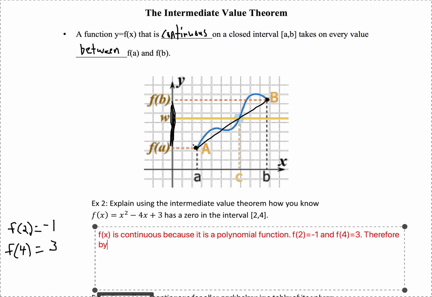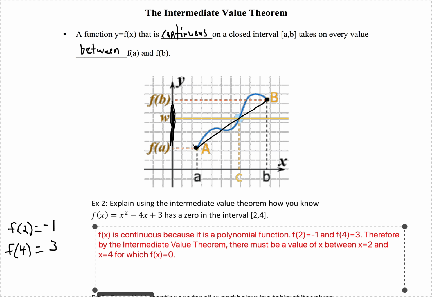Then we can say, therefore, by the, we'll capitalize it just to make it important, Intermediate Value Theorem, there must be a value of x between x equals 2 and x equals 4, for which f of x equals 0.